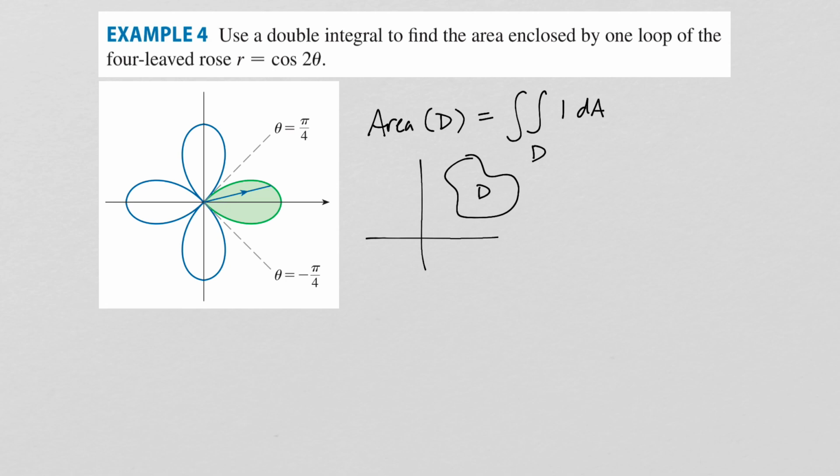So remember, if you find the volume of an object that has a height of 1 unit, it's the same as the area of the base. Well, that's what we're going to be using here.